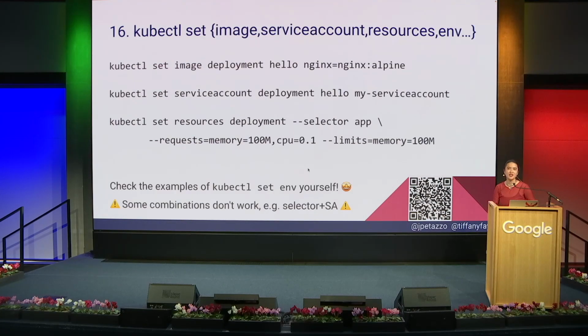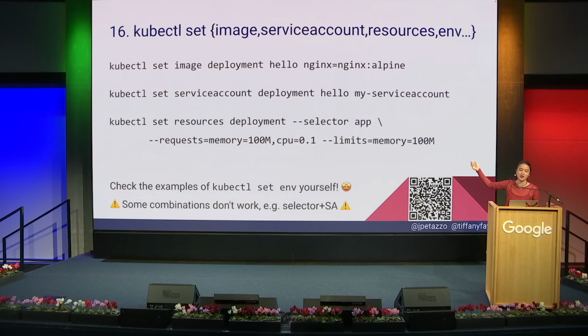Okay, so instead of doing a kubectl edit or doing a patch where you, for instance, might accidentally add another container, there is kubectl set. Who's heard of that one before? Okay, so basically I can just set my deployment. I can give it the name of my container, and then you can change the image that way.